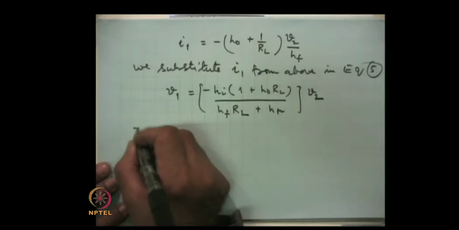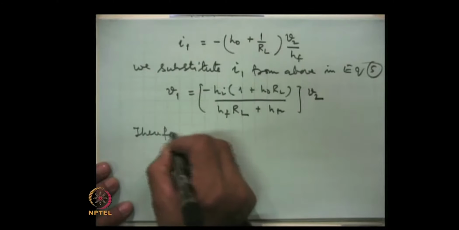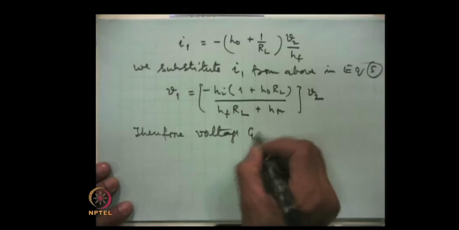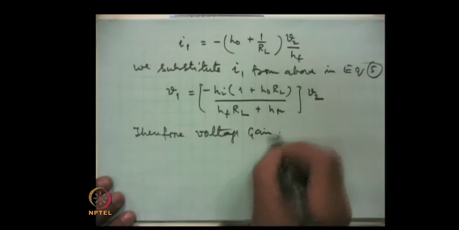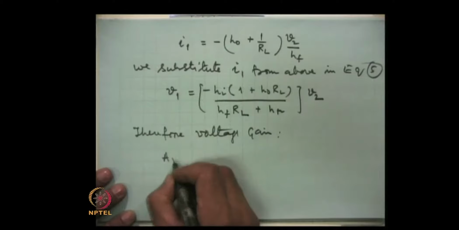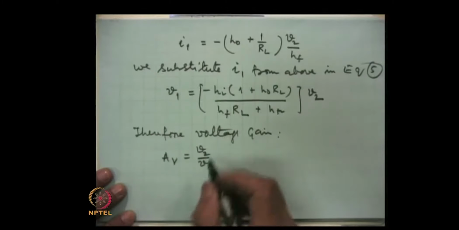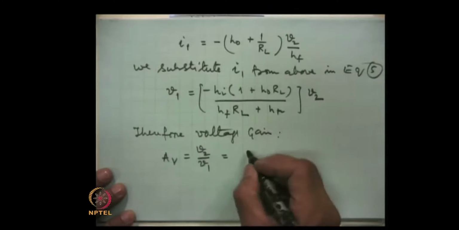From here we can get the expression for voltage gain. Therefore, voltage gain of the amplifier A V, which is equal to V2 by V1, comes out to be this.